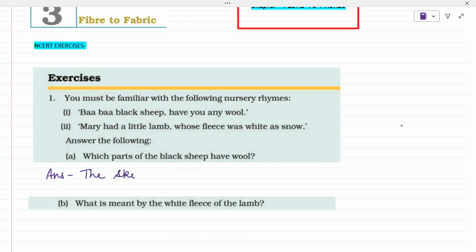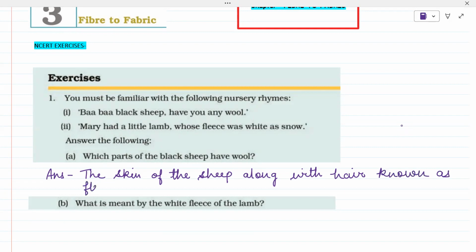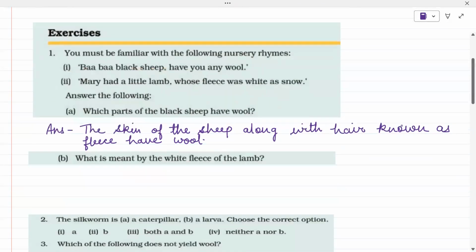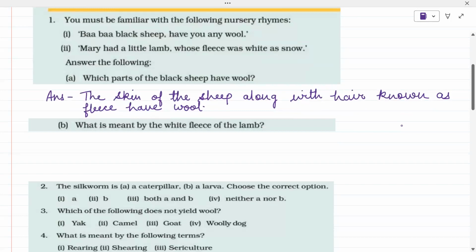The skin of the sheep along with hair, and that is known as fleece, has wool, right?